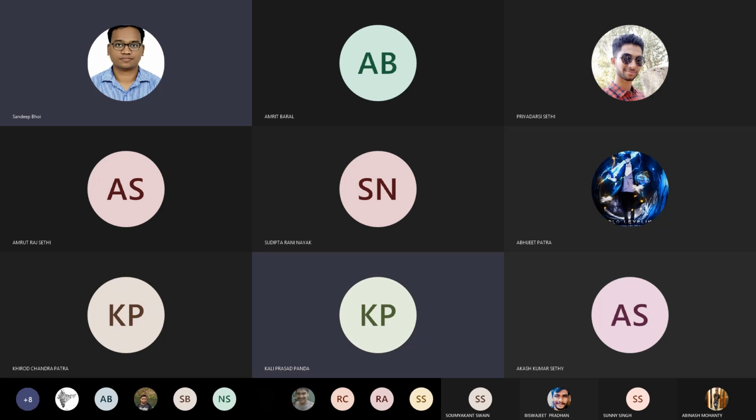Under one company we have many plants. Each company has different plants: this is plant 1, plant 2, plant 3, and plant 4.